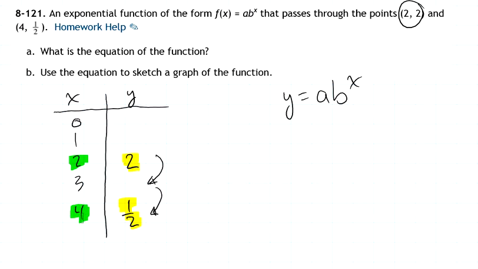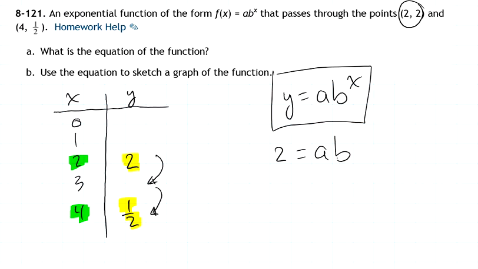If I plug those carefully into the equations of this form, I end up with two equations. I get 2 equals ab to the second power, and I also get 1/2 equals ab to the fourth power. So this is the system of equations approach to figuring out what a and b are.